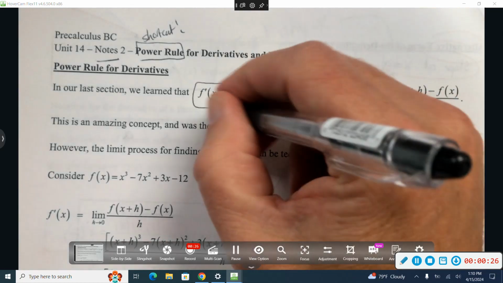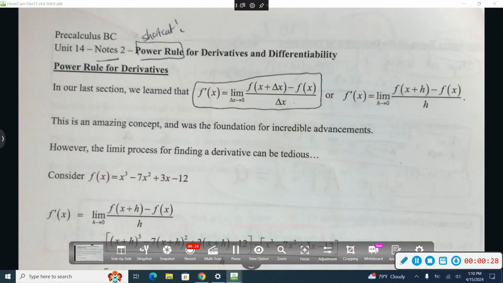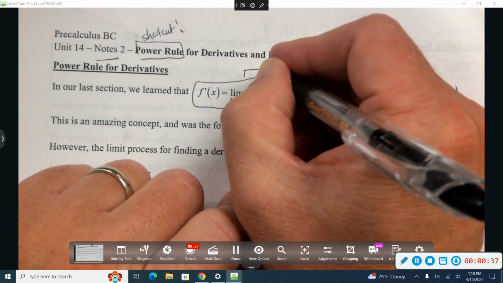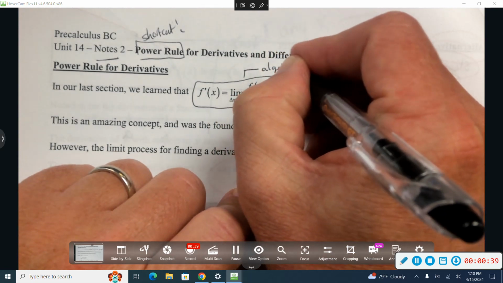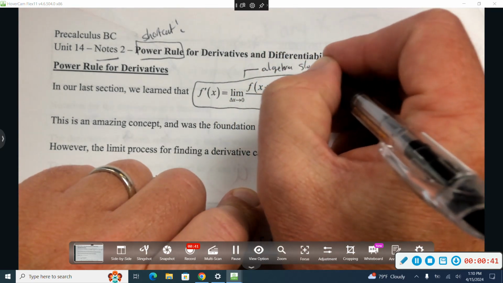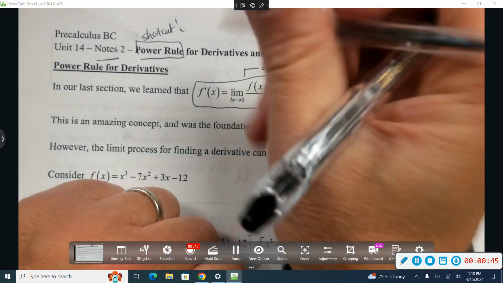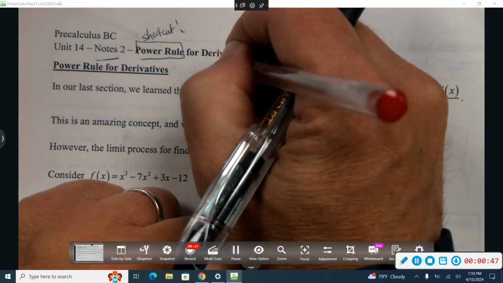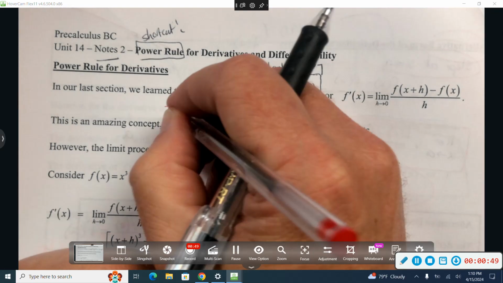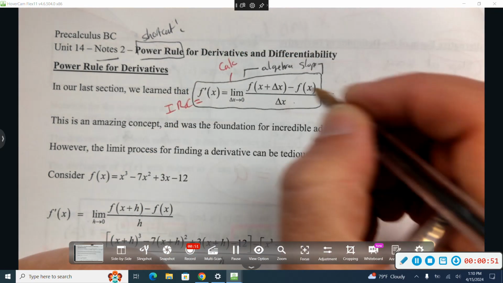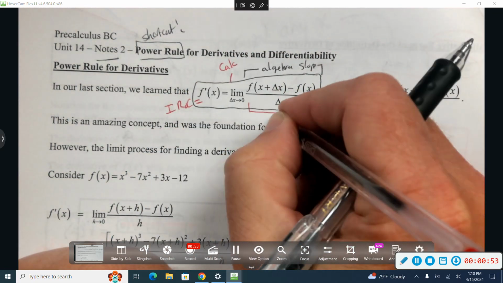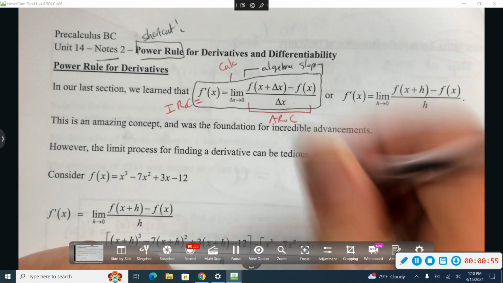Friday's lesson was, here's the formula for getting the formal definition of a derivative. And remember that part of it was just good old Algebra 1 slope. That was what that was. But then we throw this limit on there, and that turns it into a calculus slope, an instantaneous rate of change rather than just average rate of change.